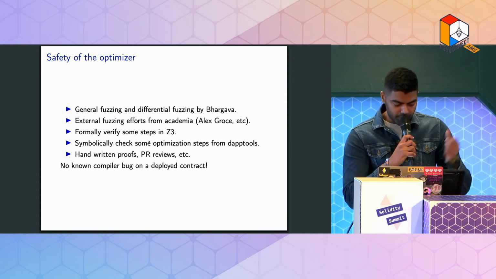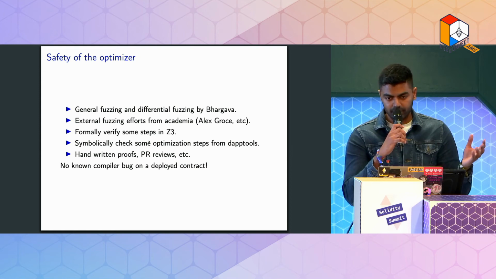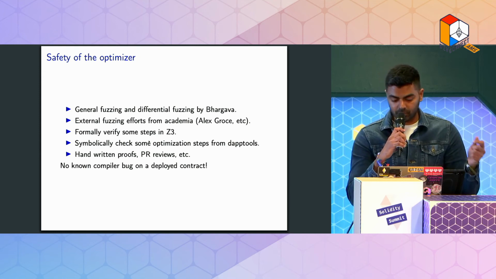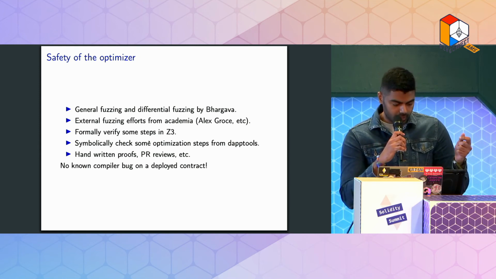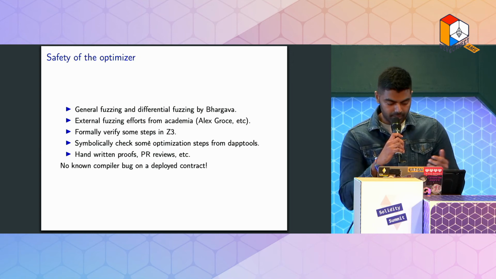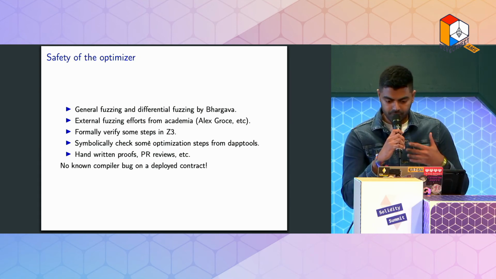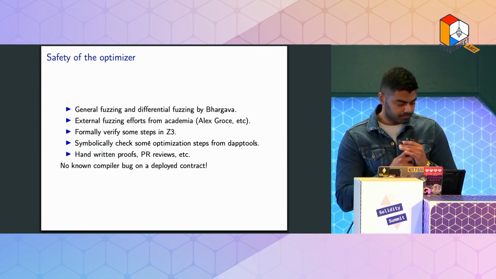So we want to make the bytecode level optimizer as simple as possible because it's extremely complicated to work at the bytecode level. And if we can do it at Yul, which is significantly easier to reason about and decreases the complexity, we should keep it at that.